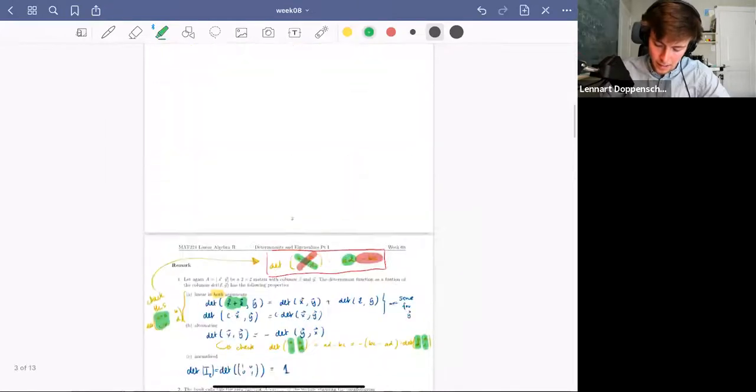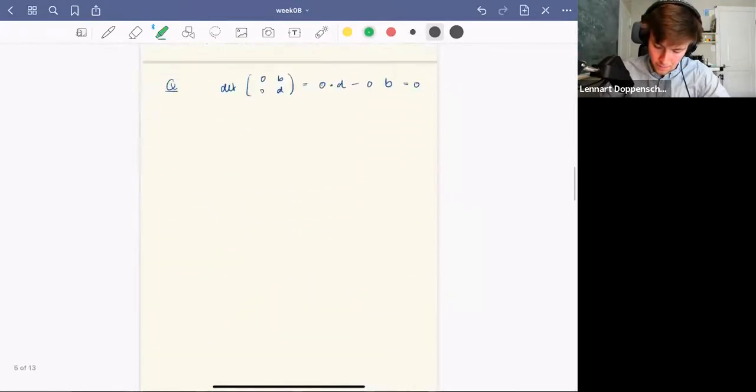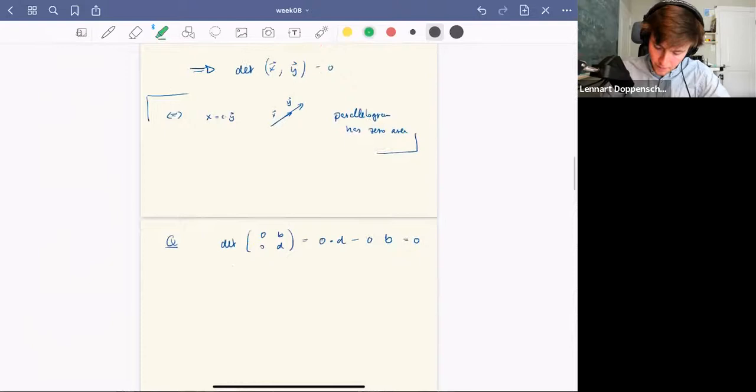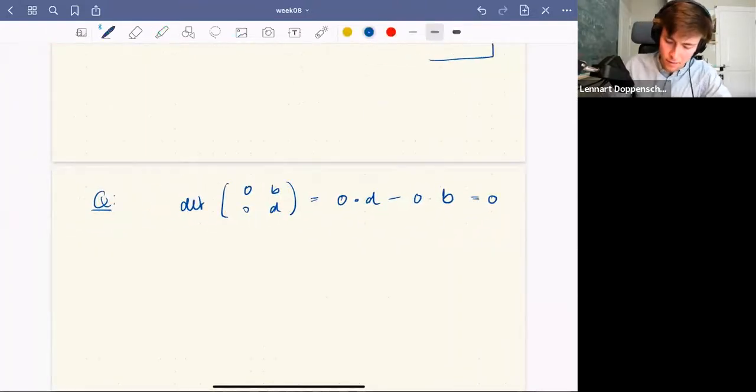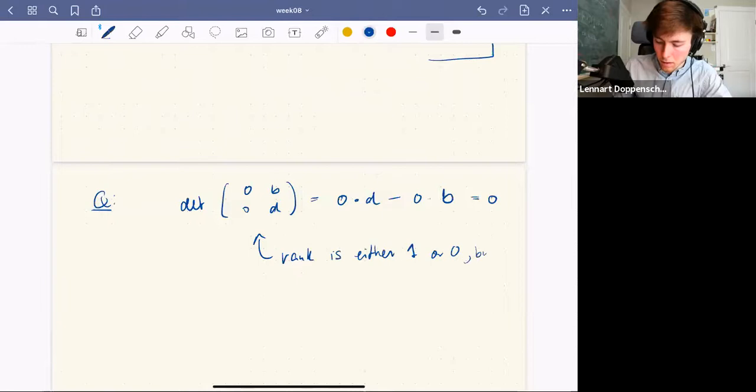And in this case, this is a really good observation here. In this case, the rank is either 1 or 0, but not 2.